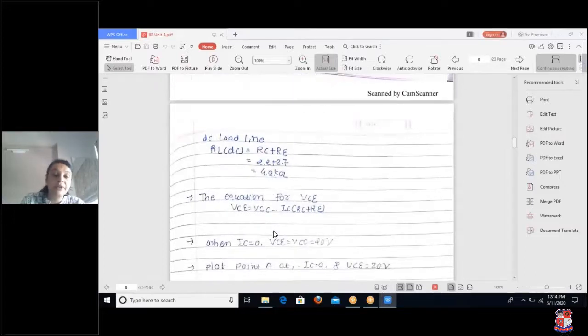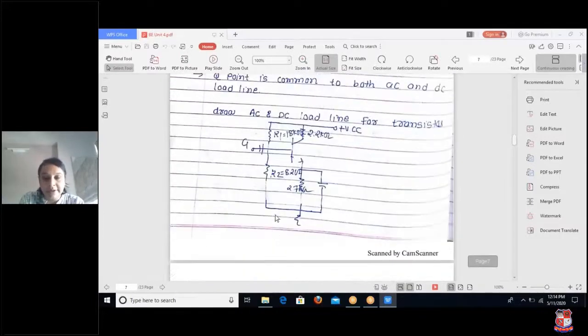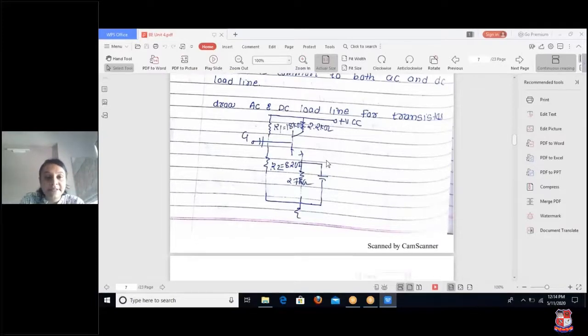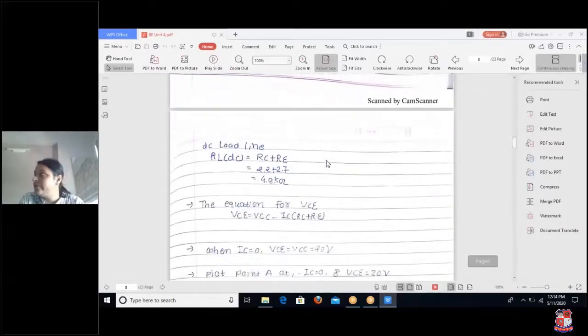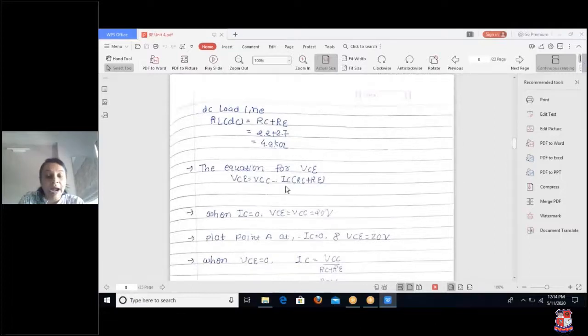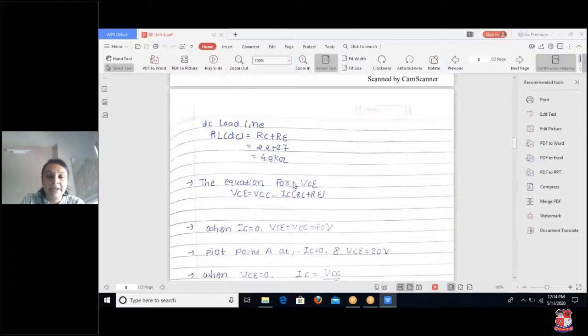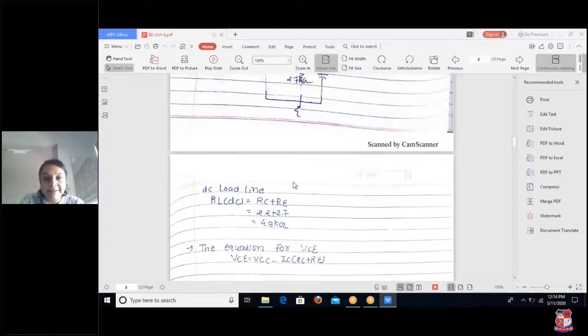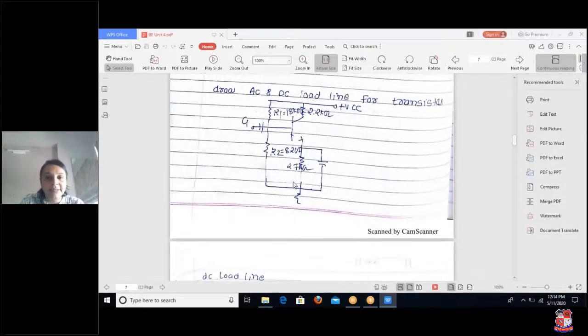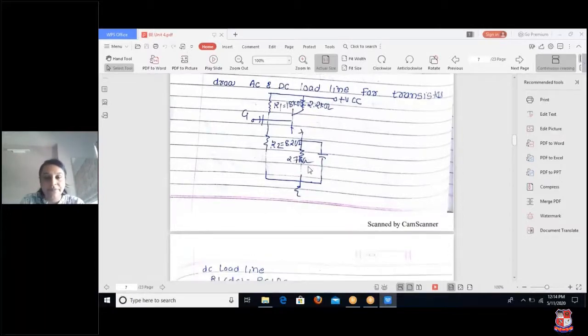According to Kirchhoff's voltage law, at the output side, VCE equals VCC minus IC. Here we consider the two resistances at the output side, RC and RE.